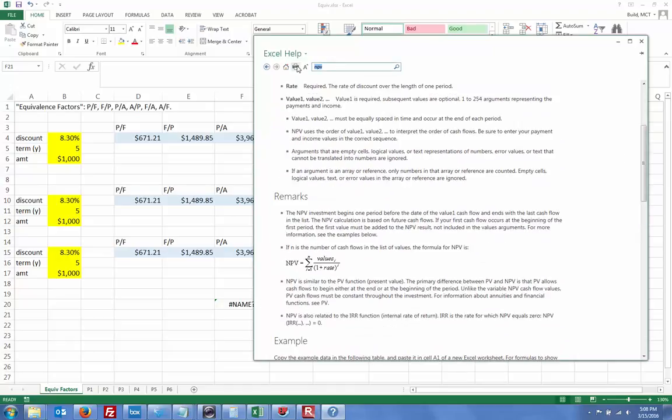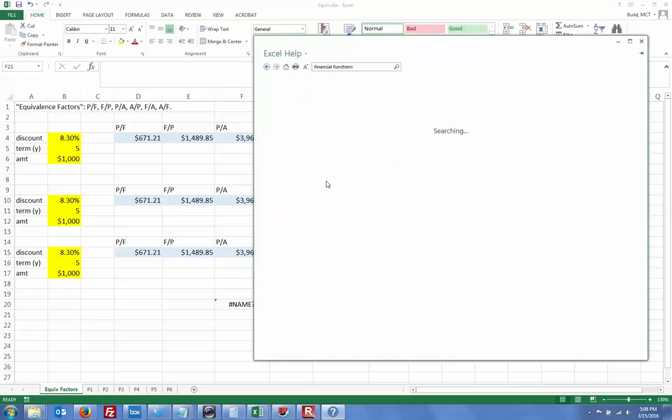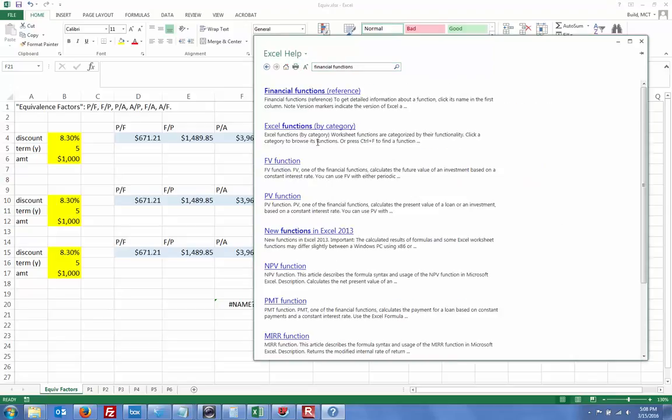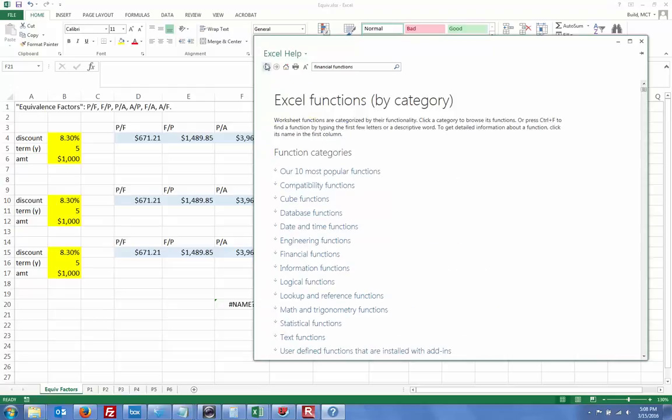Let's see, let's do financial functions. Oops.